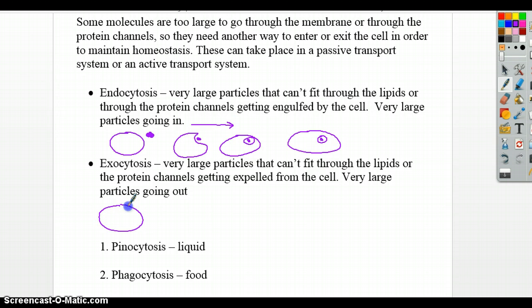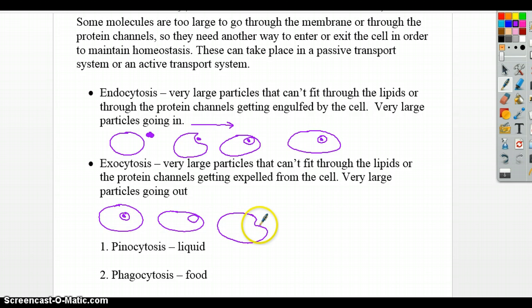Exocytosis: you have a large particle that needs to be expelled. So the membrane that's surrounding the large particle hooks up with the membrane of the cell. And then they hook together.